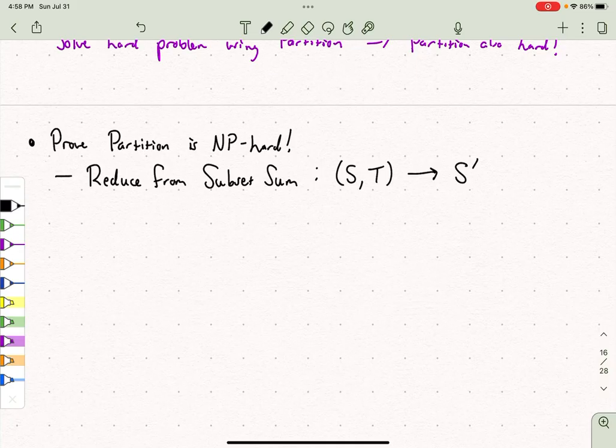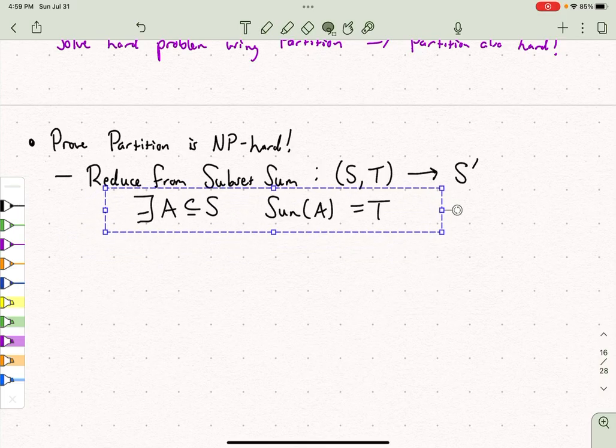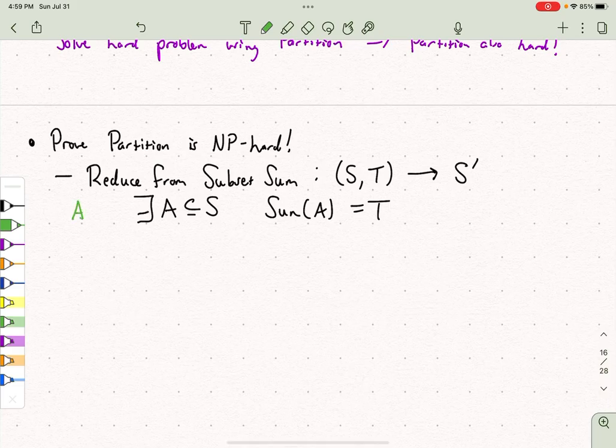So let's think about the proof and the algorithm at the same time. So let's suppose there exists some subset, I'll call it A, of S with the sum of A equals T. Let's assume we have this. So assume there exists an A like this.